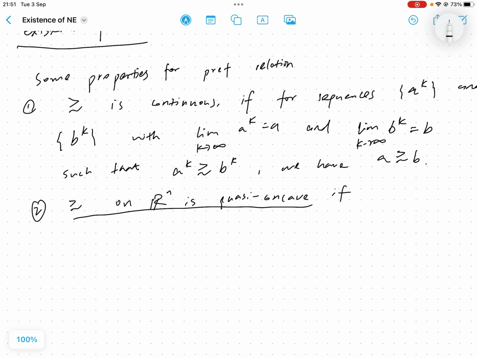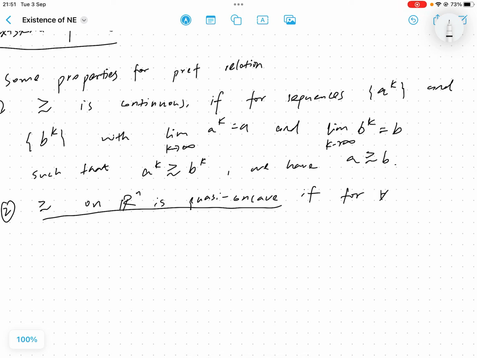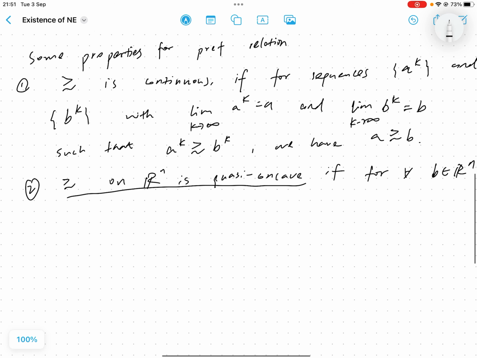We say that a preference relation is quasi-concave if for any B in R^n, the set of A's, elements in R^n such that A is weakly preferred to B, so we collect all those A's, this set is convex.